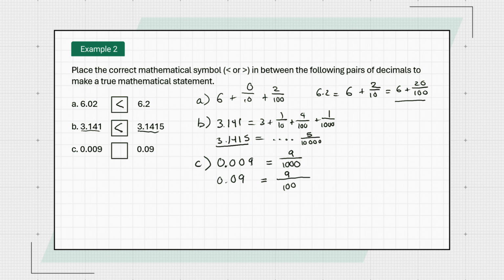But 9 out of 100 can also be written as 90 out of 1,000. So this one here is clearly larger. If we compare the two fractions, one has 90 parts of 1,000, and the other has 9 parts of 1,000. So 0.009 is less than 0.09.